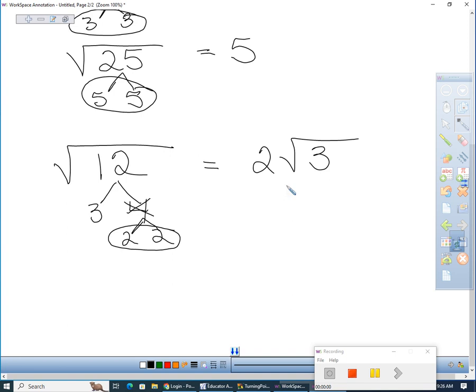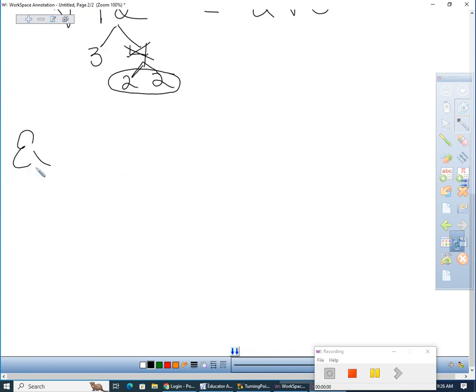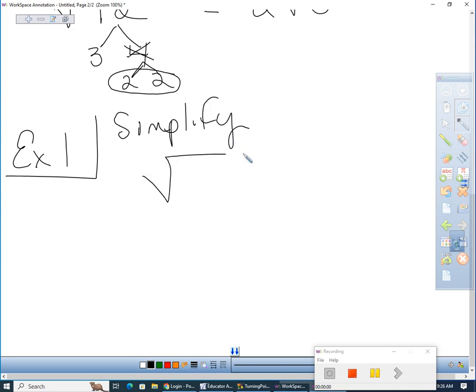All right, so here we go. Example number 1. Simplify. So let's say I have the square root of 18. 18 can break down into what two numbers, Alyssa? 9 and?